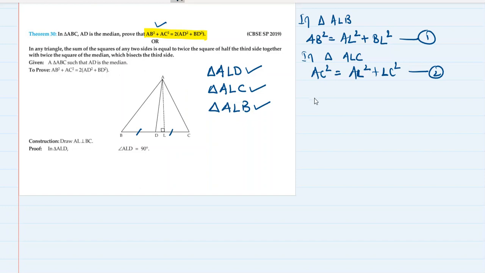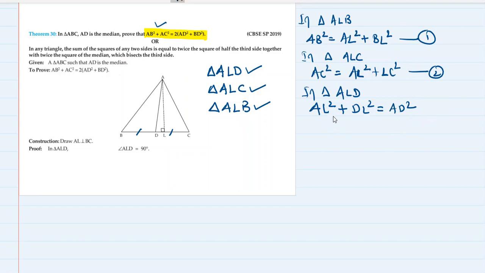So let's take the third triangle also, which is triangle ALD. So in triangle ALD, AL square plus DL square is equal to AD square.